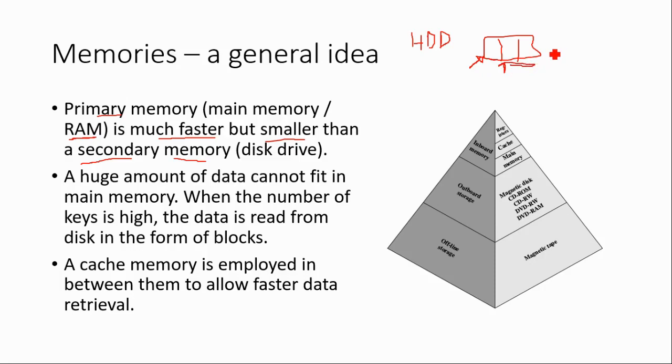However, we have also seen that the main memory has a very small capacity, and the data is generally stored in secondary memory, because it has more space, and RAM is also volatile, as we have seen. So that has to be stored in secondary memory if we want to store some data.